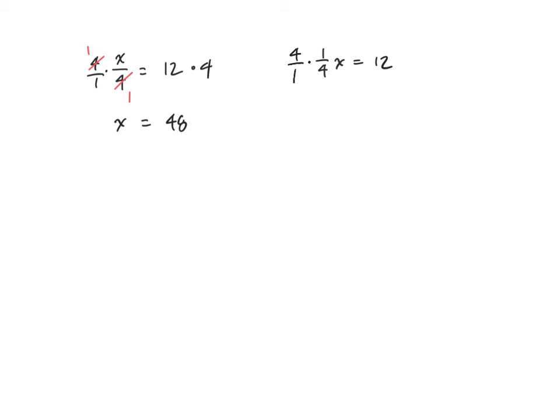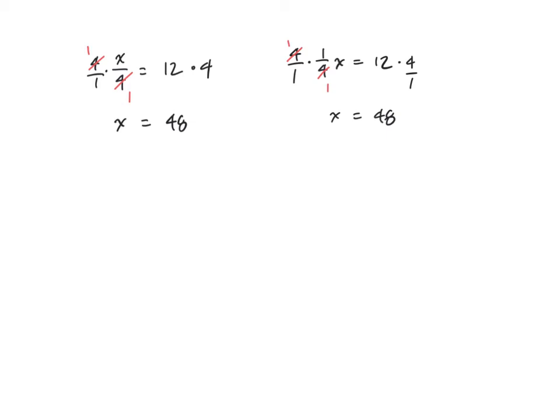And when I multiply something by its reciprocal, then everything cancels. Obviously, the 1's would cancel and become 1's, but that's not going to help us. The 4's will cancel and become 1's. And so if I multiply the left side by 4 over 1, I also have to multiply the right side by 4 over 1. And so this, again, is 48. Just another way to write that problem.